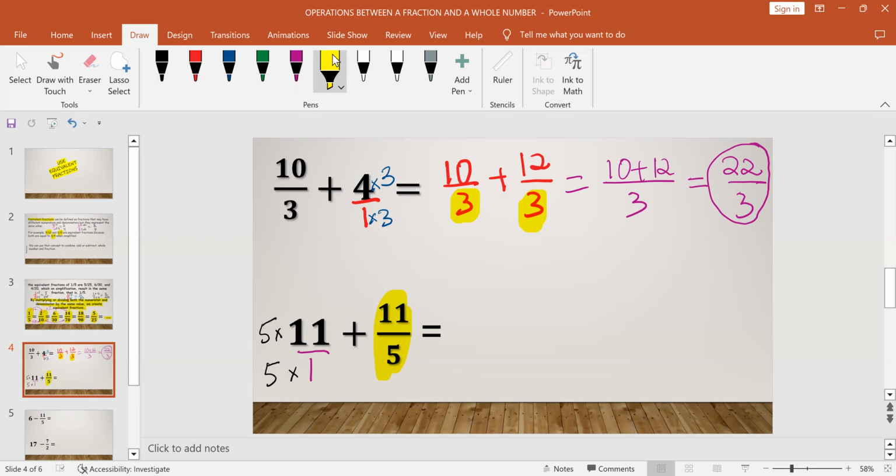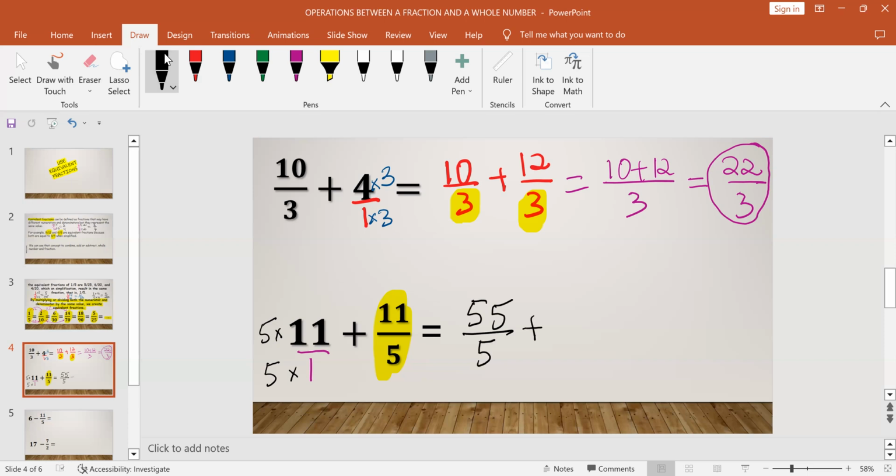So I want my equivalent fraction to have that same denominator, and that will help me combine the two fractions. That is the reason I chose 5 to create that equivalent fraction. So we're going to have 55. Why 55? Because 11 multiplied by 5 is 55, divided by 5, which is 5 times 1.